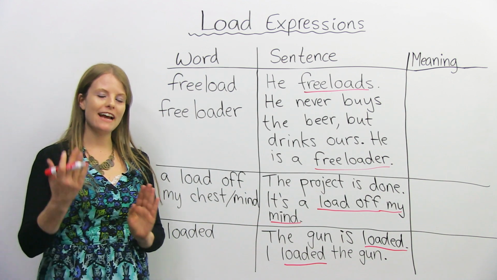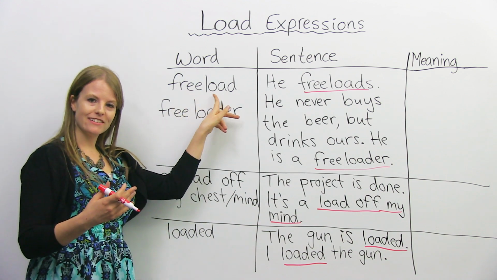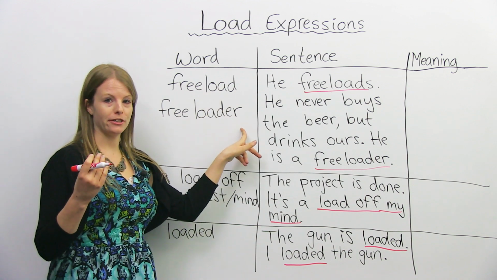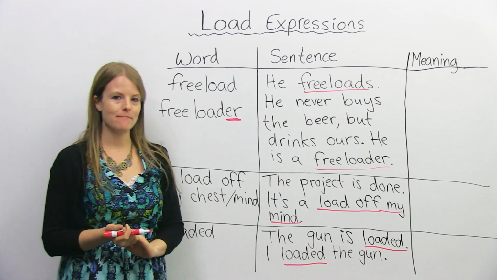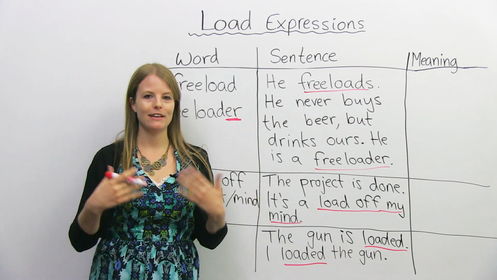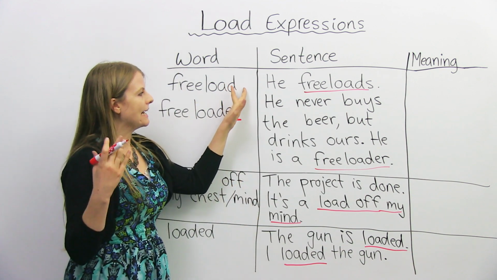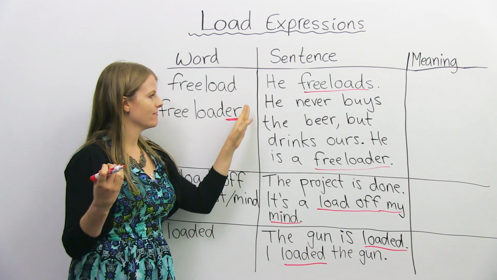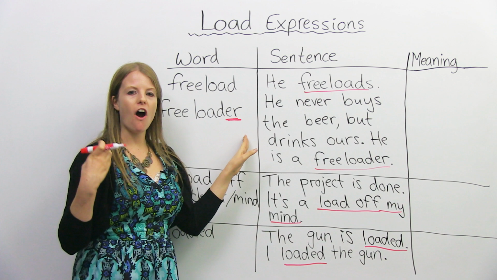Okay, so our next word, we have two, freeload or freeloader. Okay, so the difference here is with the ER. Let's look at our sentence to try to figure out if it's a noun and whatnot, and also the meaning. He freeloads. He never buys the beer, but drinks our beer.